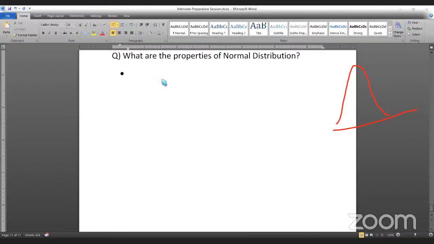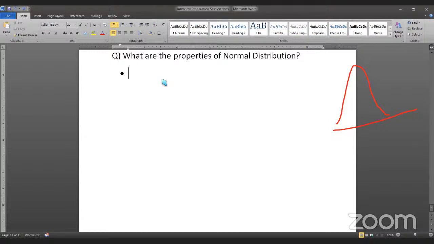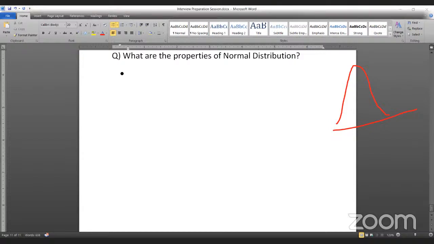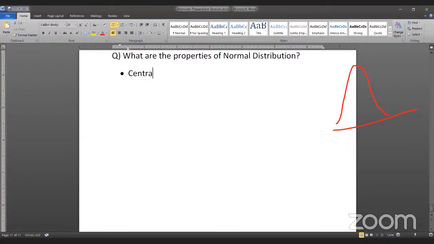Yes, Venki, correct. Mean equals median equals mode is, we can say, the central tendency property. Which means mean is equal to median is equal to mode.